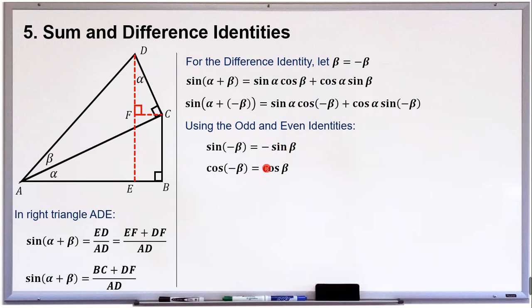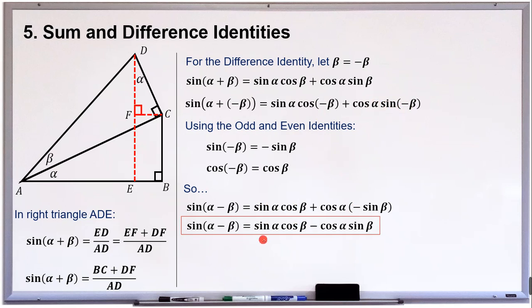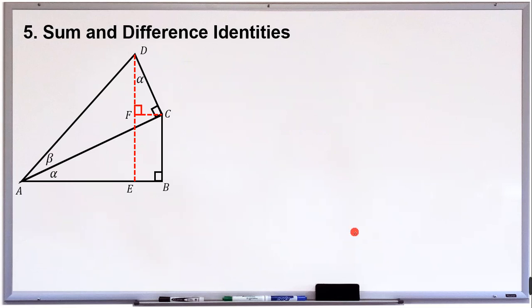Substituting these two identities, it will give us sine alpha minus beta is equal to sine alpha cosine beta. So the cosine of negative beta right here is positive. And for the second term, sine of negative beta is negative. That is why the final equation for the difference of two angles for sine will give us sine alpha cosine beta minus cosine alpha sine of beta.